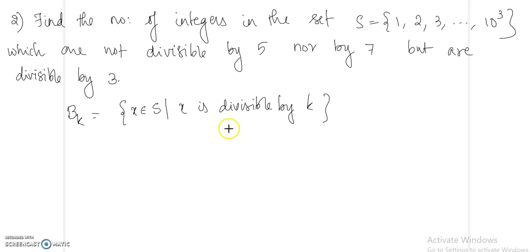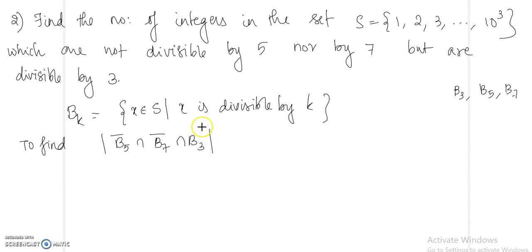And now we need to find the cardinality of the set which is not divisible by 5 nor by 7 but is divisible by 3. So the sets we need here are B3, B5, B7. So we need to find the cardinality of, it must be not divisible by 5, so B5 complement comes. So B5 complement intersection B7 complement intersection B3.